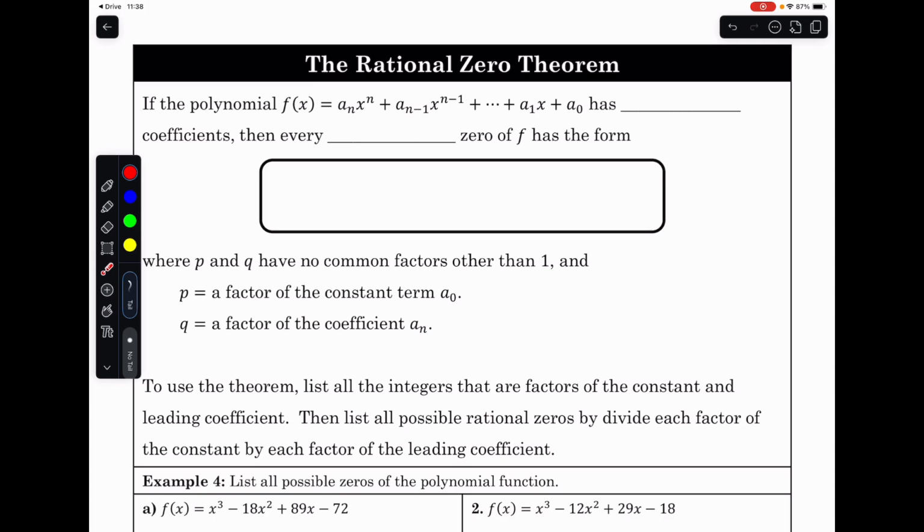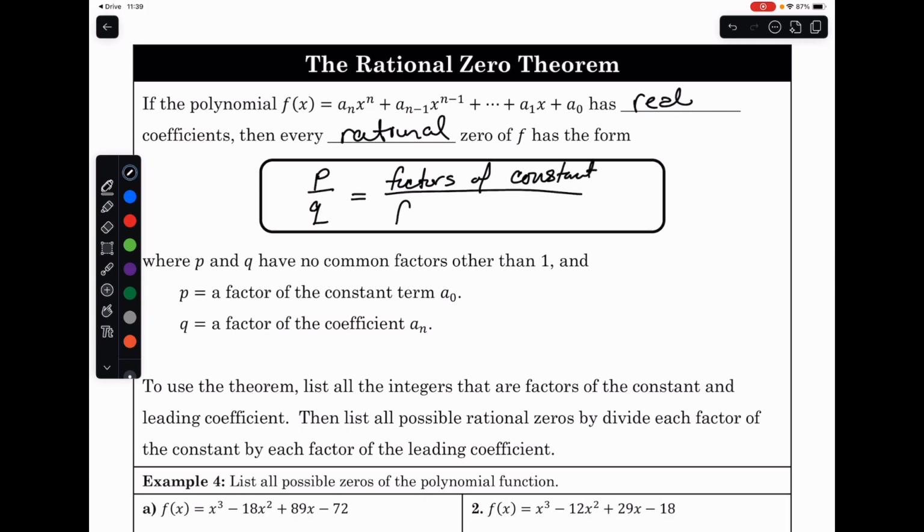Now it states here that if a polynomial function, again in the format, has real coefficients, so all of these numbers are real numbers, then every rational zero of f, of this polynomial, is going to be in the following form, p divided by q, where p is going to be, as you see right here, the factors of the last number, the constant, and q are the factors of your leading coefficient.